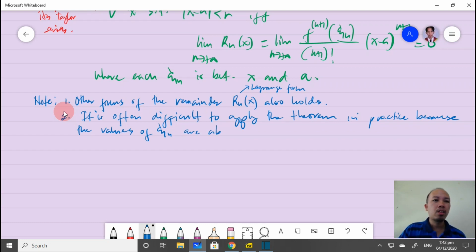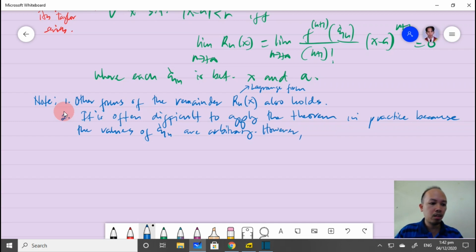Arbitrary means, just look at the definition of the word in the dictionary. So since it is difficult to apply the theorem, what we will do here is get the upper bound.